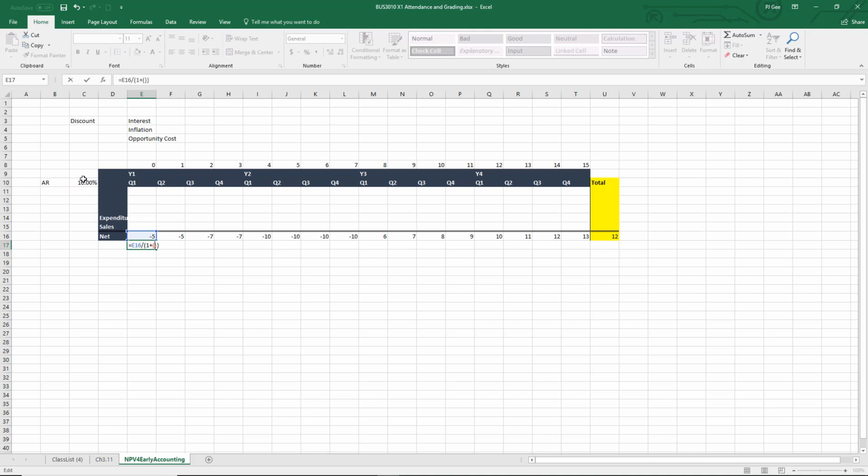And within the parentheses, it's going to be 1 plus another set of parens here for the simple annual rate divided by 4, the number of periods in the year. We're going to compound it every 3 months. Okay. And we get minus 4.9 or something million.